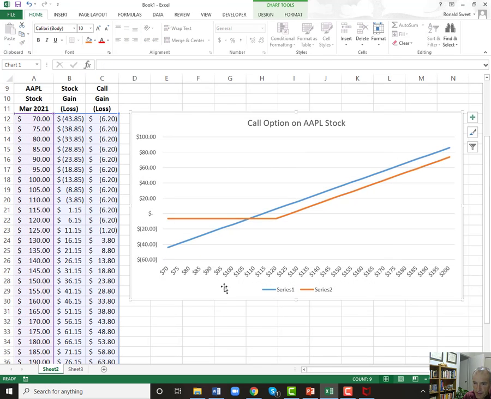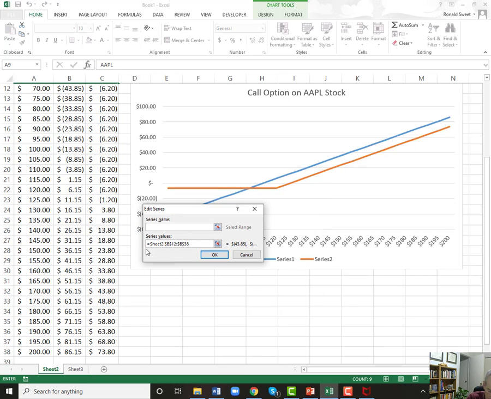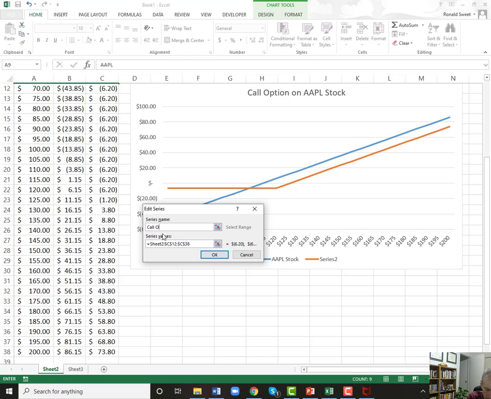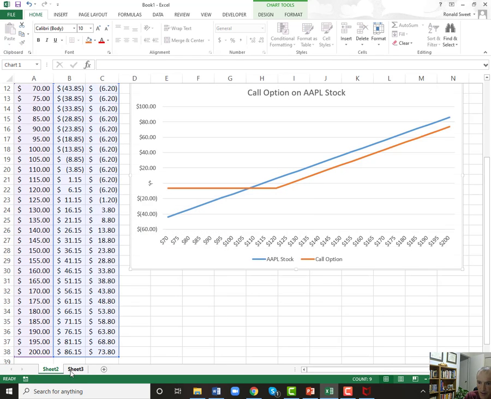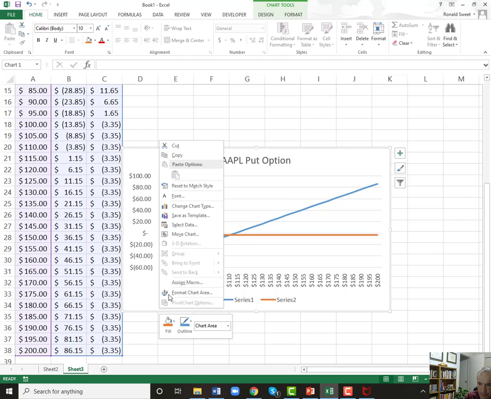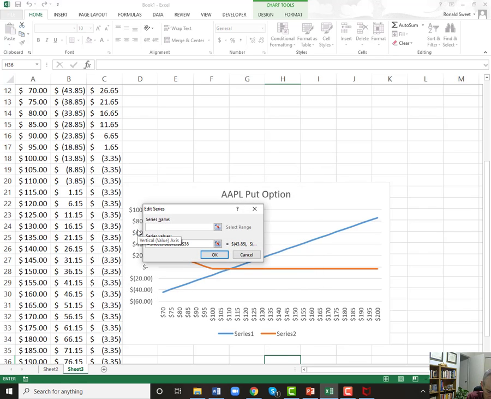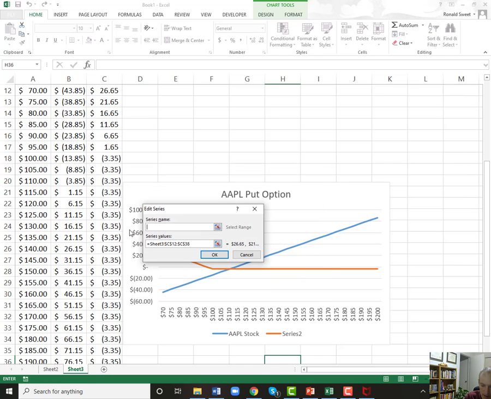I should have marked this one. Let me select that, so the blue line is Apple stock, and the orange line is the call option. And then for the put, again, the blue line is Apple stock, and the orange line this time is a put option.